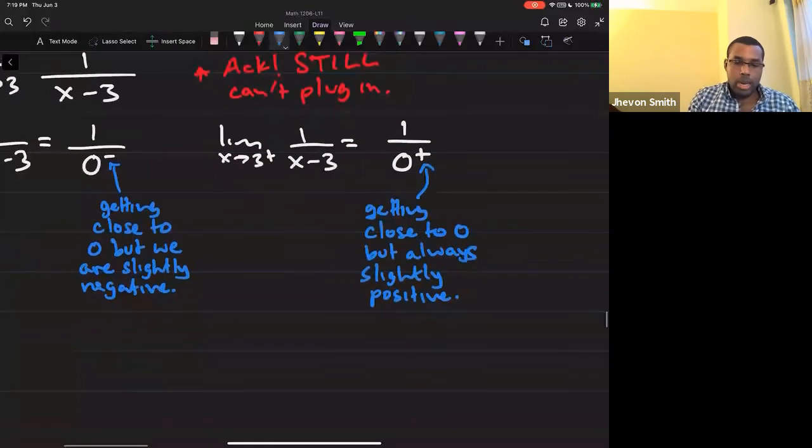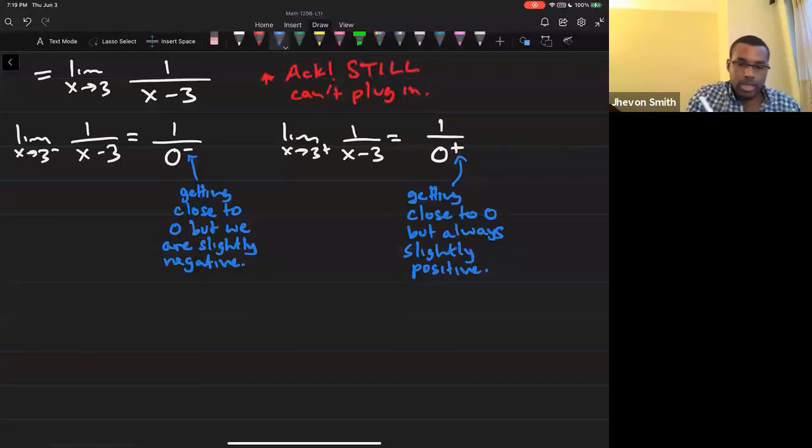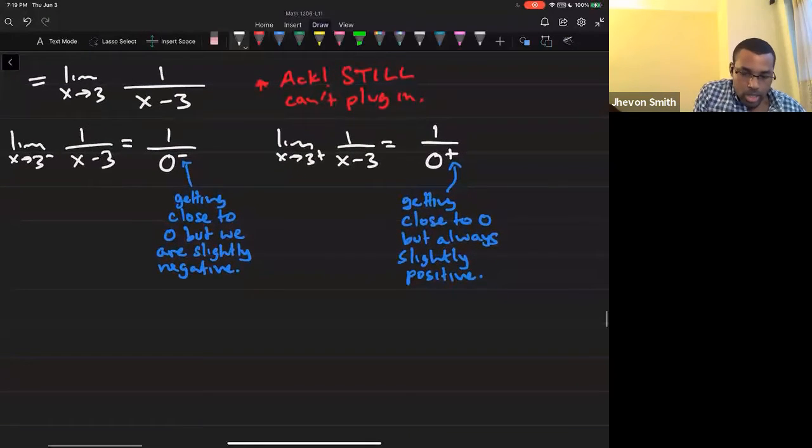Okay. Now, what that tells you is that it's going to behave like 1 over x, right? Where x is going to 0, but from the negative side over here.